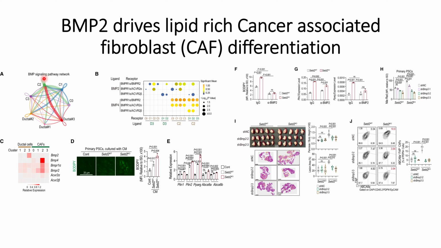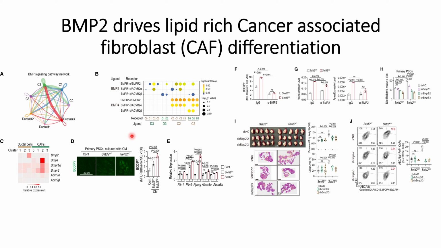And when they check the interactions of this C2 and ductal 3, what they have found out is that there is a high interaction of the ligand on the BMP2 to the receptors on the cancer-associated fibroblast. And here also we can see that ductal 3 has a high interaction with this C2 fibroblast.